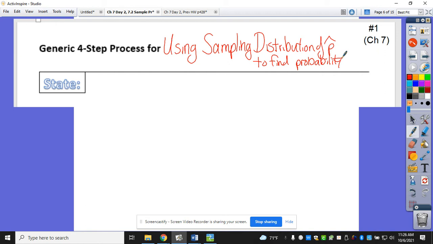I'll switch colors and tell you when I get there. The problem we just did was one of these, but we asked it in pieces. So this will be the whole process that you go through by yourself if it's not asked in pieces.